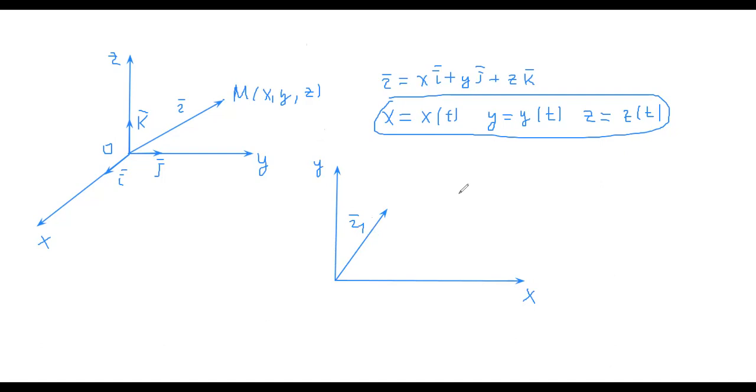In moment of time t, it has radius vector r1. Next time it can be in another place that can be described with radius vector r2, like this, r2, and the way is a part of trajectory ds.